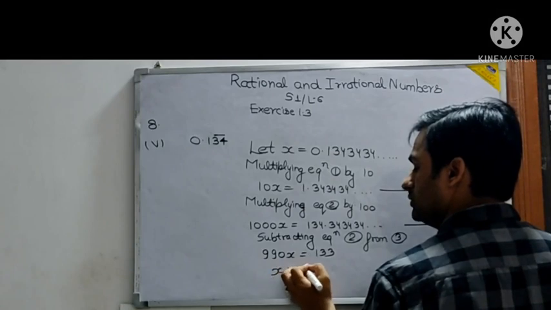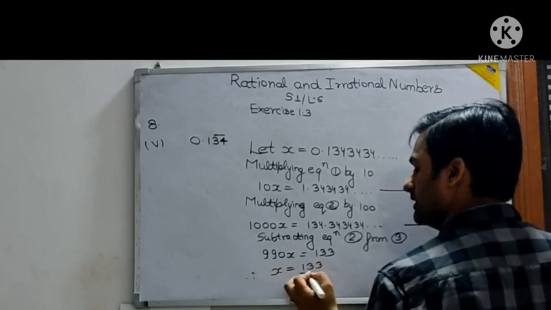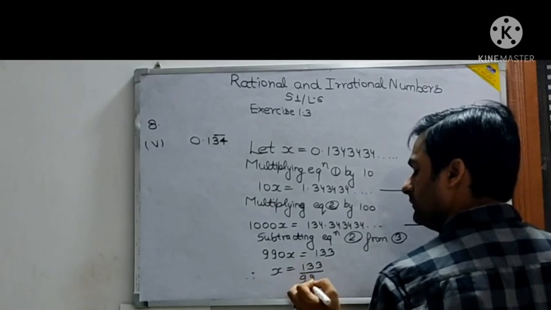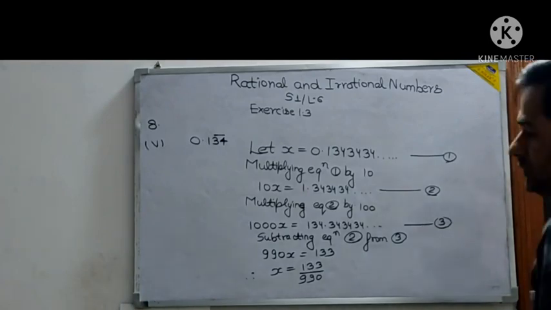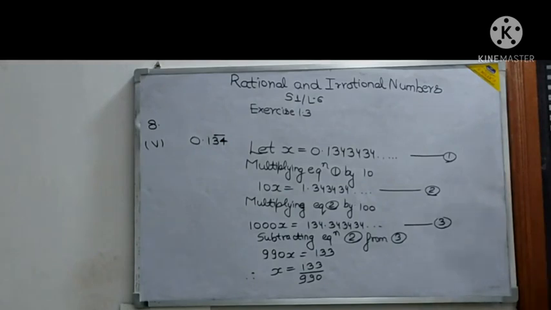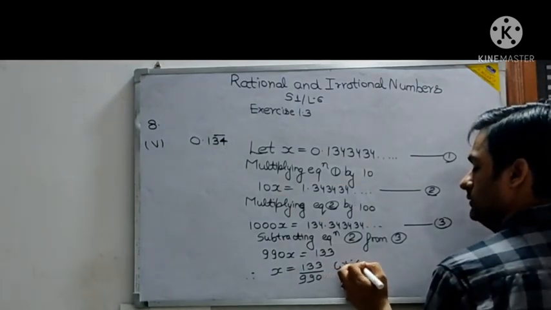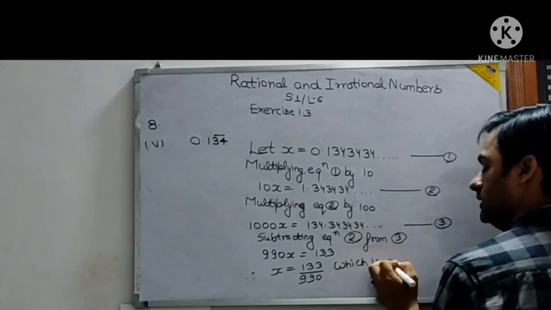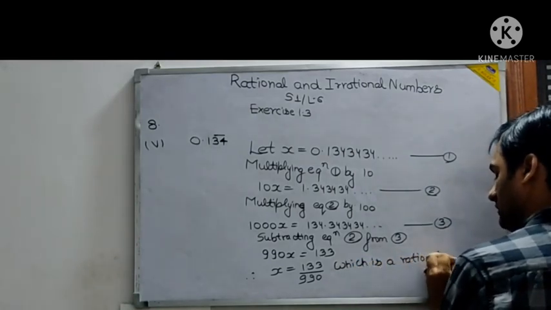Therefore x equal to 133 by 990. I don't think there is some number that can divide both of them. Okay, 11 also can't divide, which is a rational number.